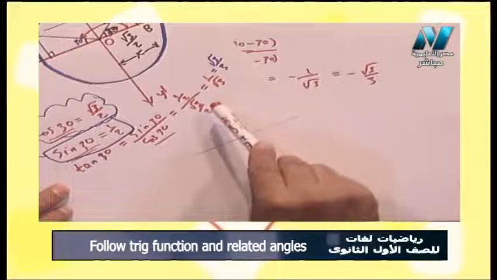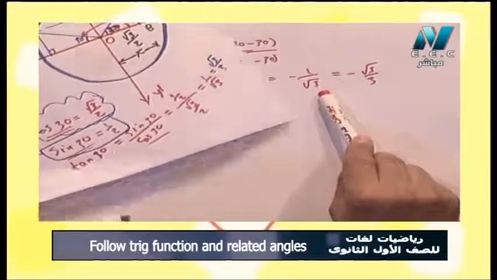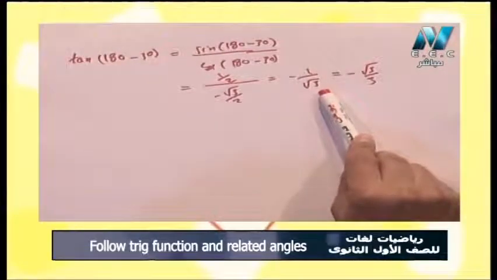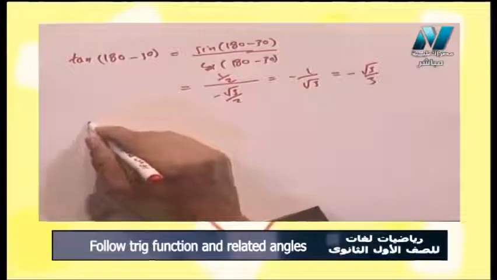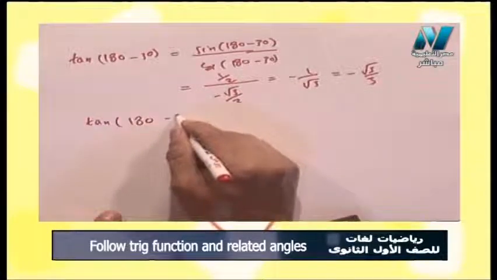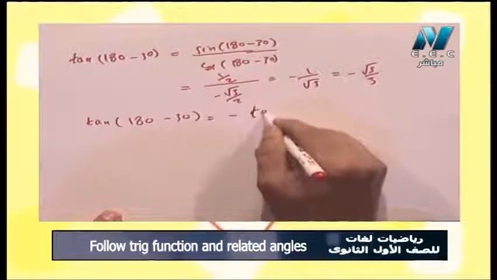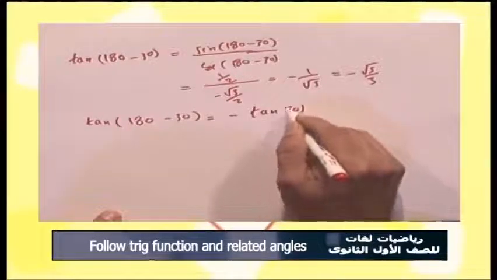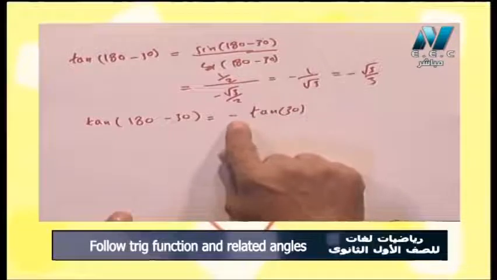So it is the same number, but opposite in sign. So we can say now that tan 180 minus 30 equals negative tan 30. They are equal in magnitude, but opposite in sign.